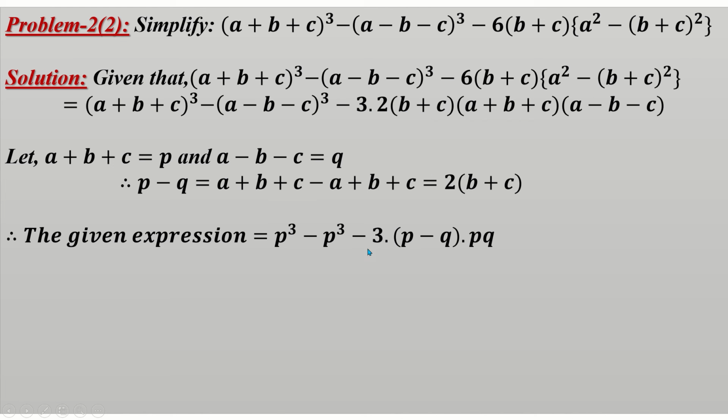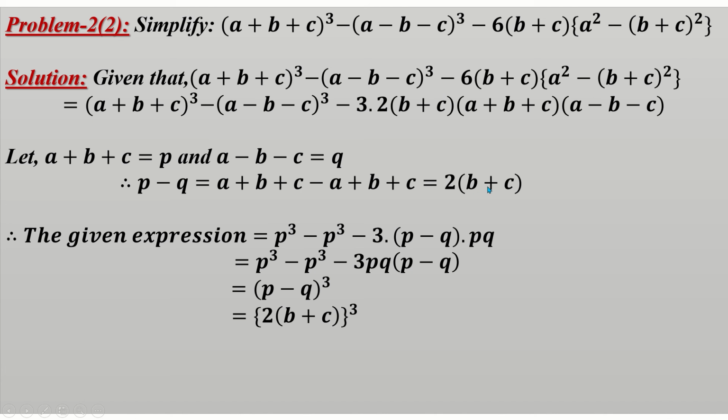So this part we can write as p^3 - q^3 - 3pq(p - q). This equals (p - q)^3, but p - q means 2(b+c), so (2(b+c))^3. This equals 8(b+c)^3. This is the required answer.